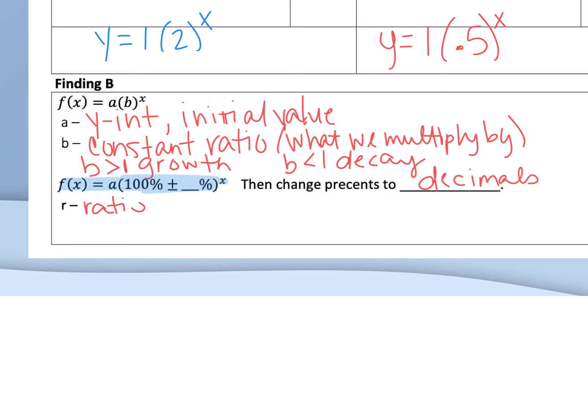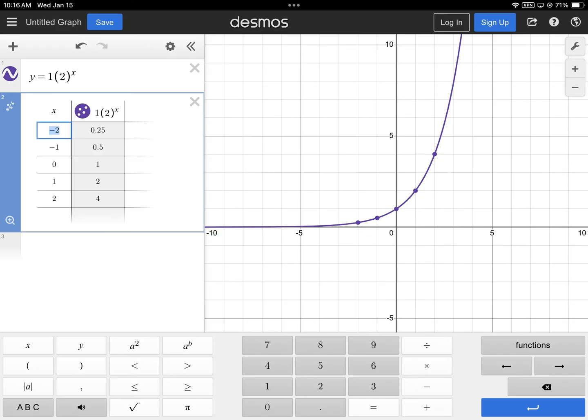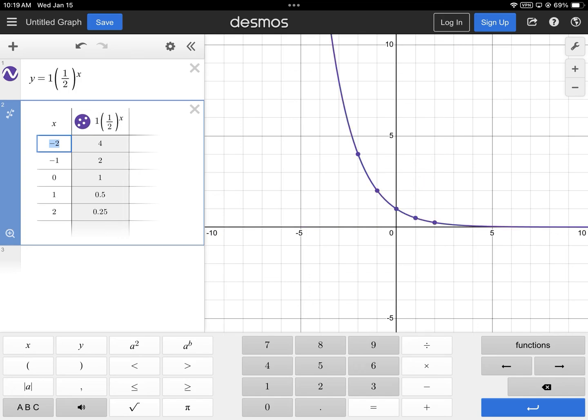Rate tells us linear, ratio. So here's what that graph looks like. Here's our table, and we're going to fill that in on our paper like that here. So it gets really close to the x-axis, but it doesn't. This one, here is 1 times 1/2 to the x, and notice this one is going down, and it is also still getting really close to that x-axis, that y equals 0 line, but it's not going to touch it, okay?